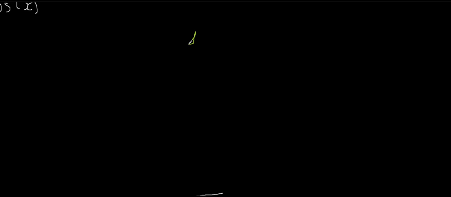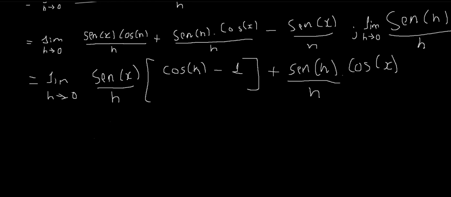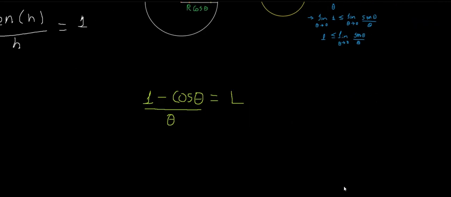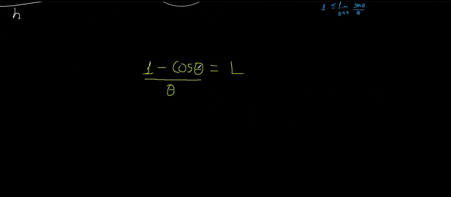Let 1 less cosine of theta be a variable. 1 less cosine of theta divided by theta, and through that, cosine of h less 1 divided by h equals L.